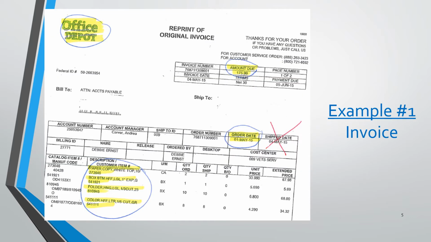In the first example of supporting documentation, we're looking at an Office Depot invoice. On the invoice, you can see in the highlighted section that there's a list of the items that were purchased and the amount due. The order date or the invoice date is when the expense was incurred, not the ship date.